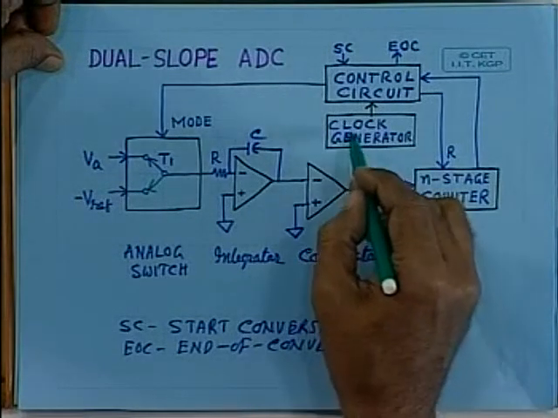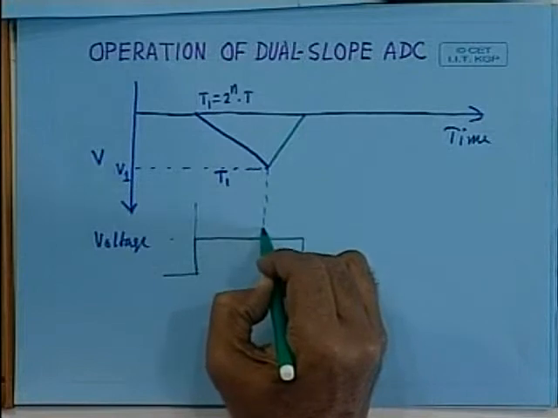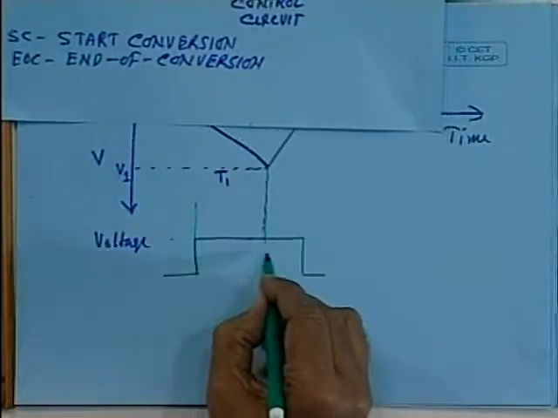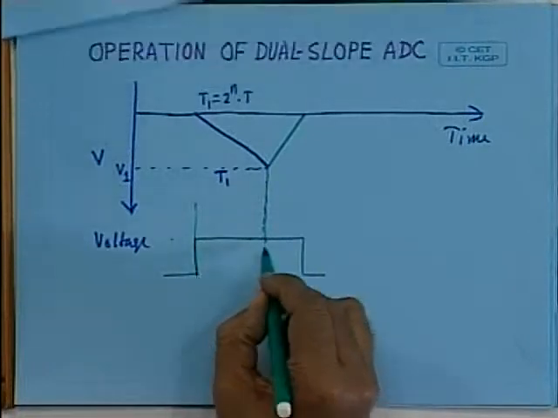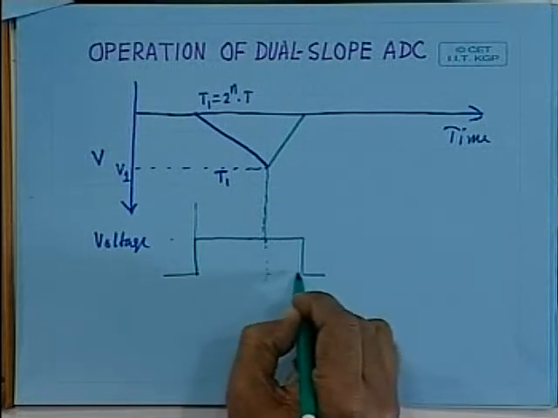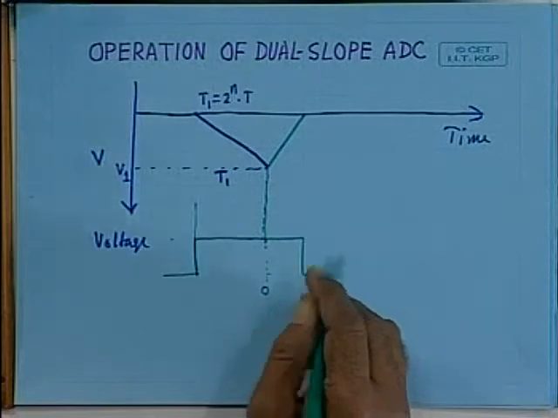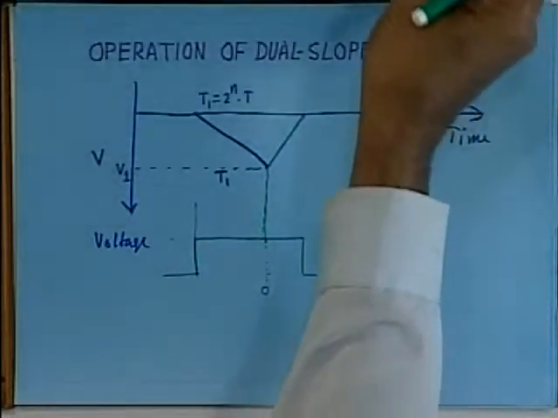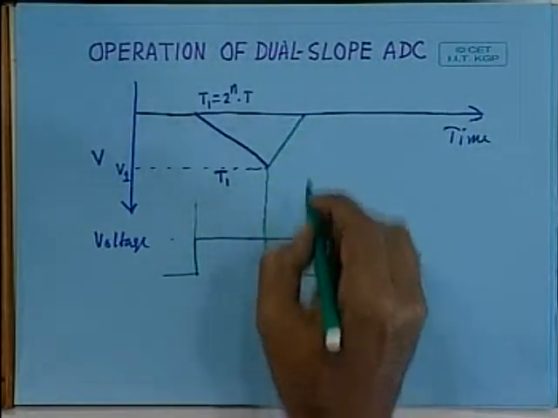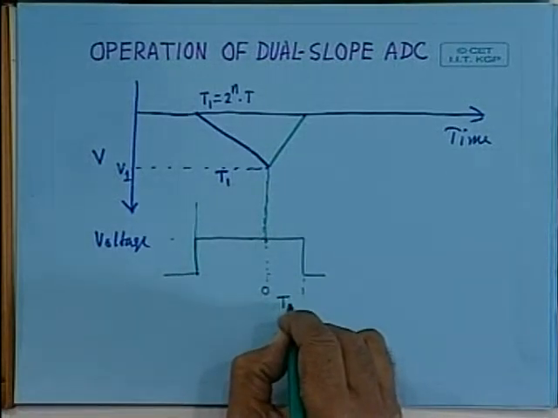Now the clock generator is applied and at this point the counter is reset. Because it is counting 2 to the power n, it becomes 0 again here, and then it starts counting again from 0 and counts up to some value here. Whenever this point is reached, counting is stopped. Let this duration be represented by T2.